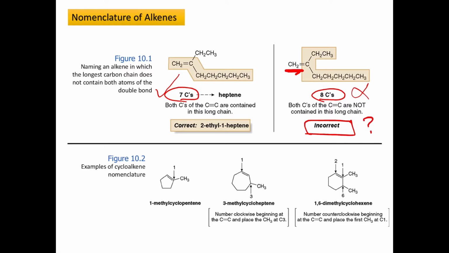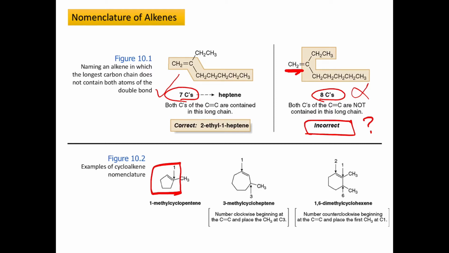Another example for the cyclic compounds. Always the cyclic compound has higher priority as long as the number of carbons of the cyclic compound is bigger than the chain. So I have 5 carbons here. If I have 6 carbons outside, would I choose the 6 or the 5? I would choose 6.